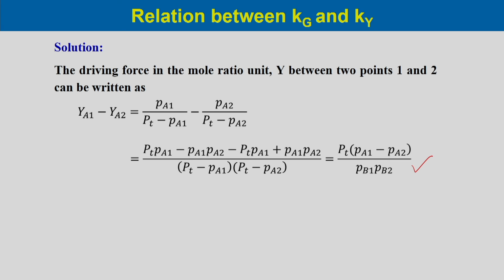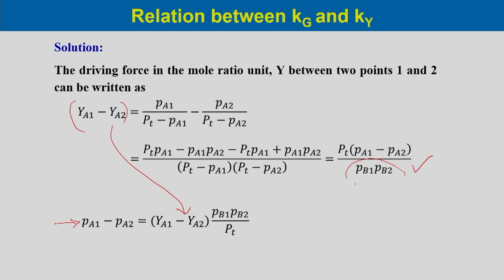Now, if we rearrange these relations to calculate the partial pressure difference, we can write Pa1 minus Pa2 would be equal to capital Ya1 minus Ya2, multiplied by Pb1 Pb2 divided by Pt. Okay. So, after rearranging, we will obtain this.